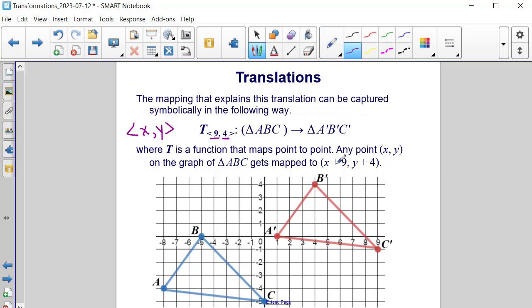Another way you could also see a translation shown is going from (x, y) with coordinates to (x + 9, y + 4) for our example that we have here.